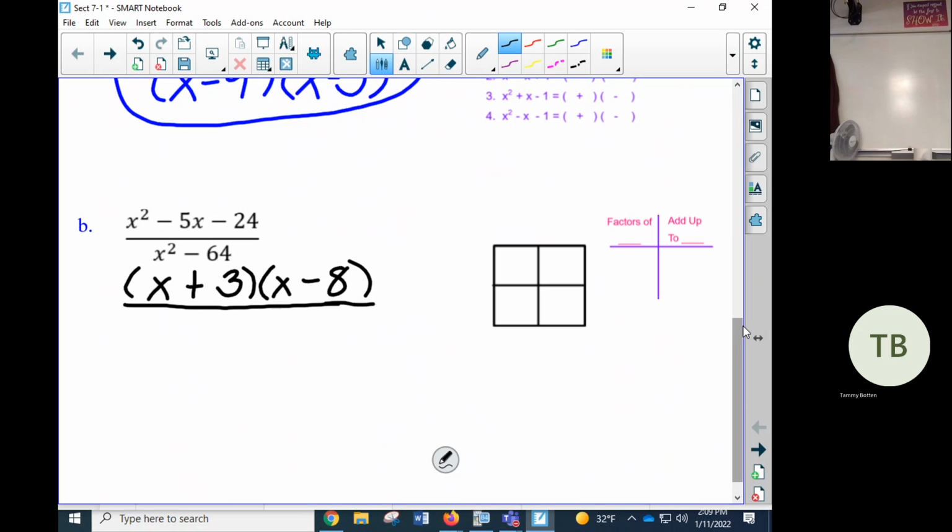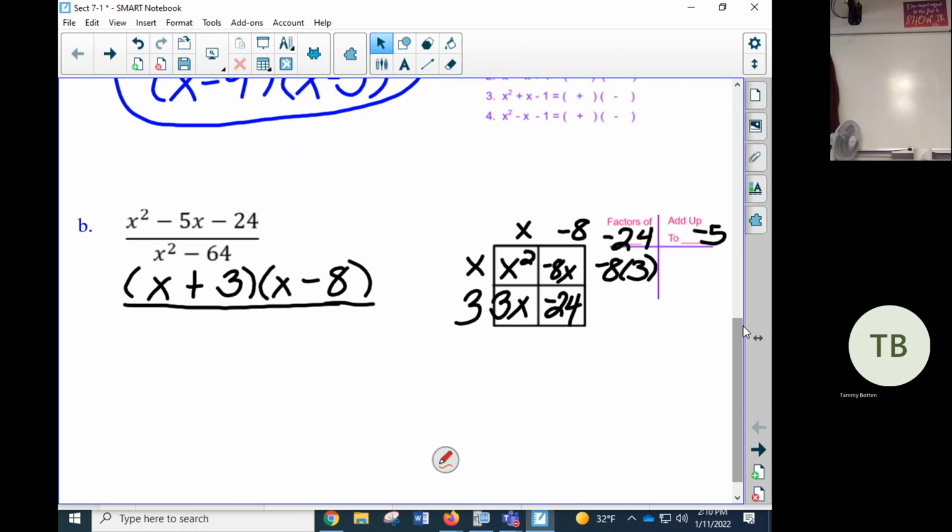And if you wanted to go back over here and do your box, x squared, negative 24, this would be negative 5, negative 8 times 3, you'd get negative 8x, you'd get 3x, x, negative 8, 3, and you have x minus 8, x plus 3. So there's nothing wrong with using that box if you still feel more comfortable with that.